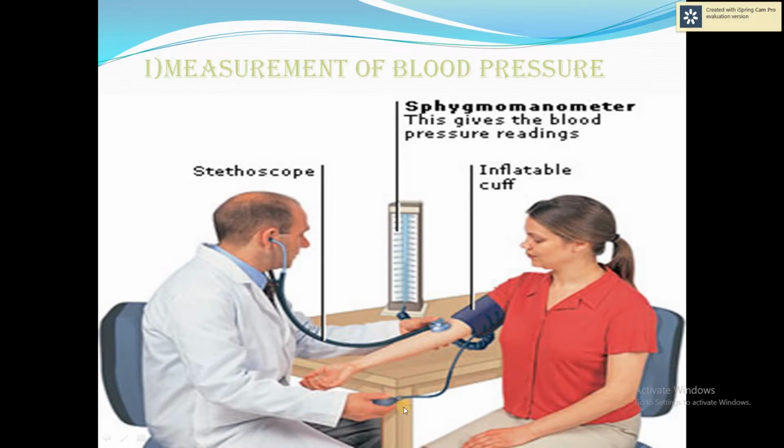This is the knob which you will use to tighten or to release, so with the help of this knob, you'll be filling air into the cuff or releasing the air from the cuff. The amount of pressure in the cuff will be equal to the blood pressure in the blood vessels.